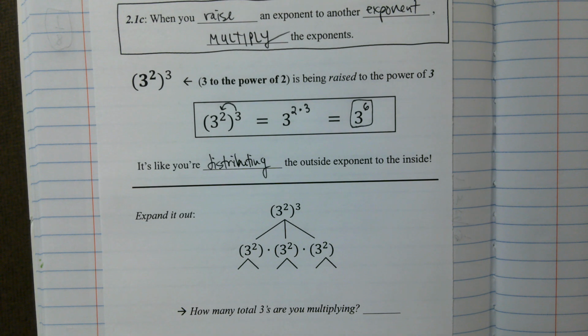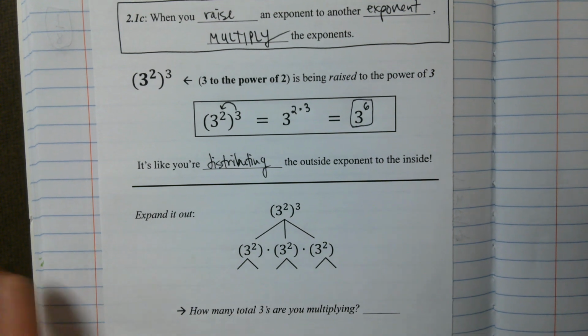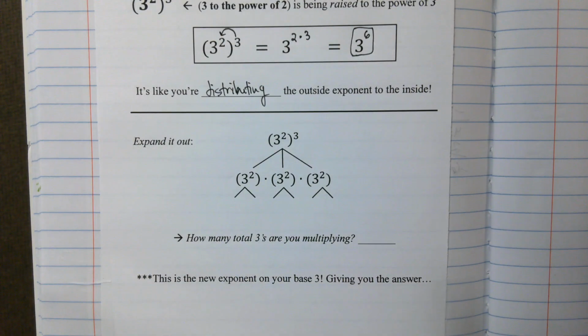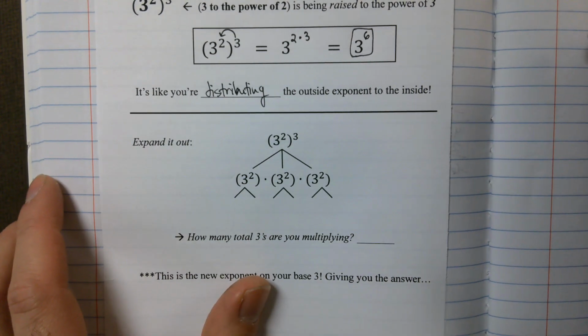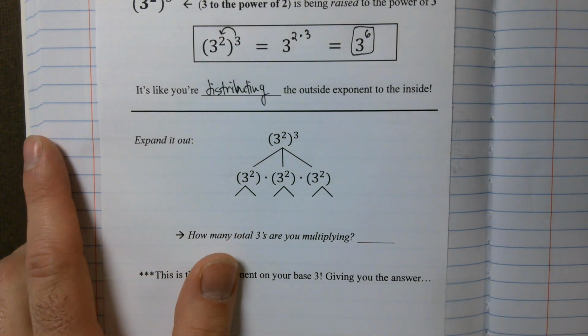We're just multiplying the 2 exponents together. So, just like we talked about yesterday, this is the shortcut way of doing it. Very simple. We just multiply the exponents together.